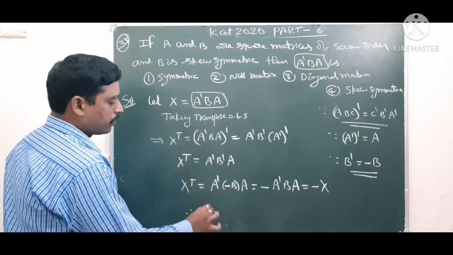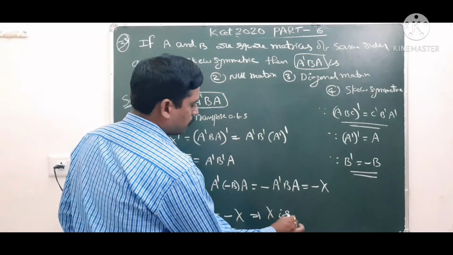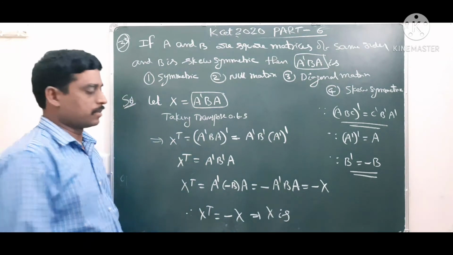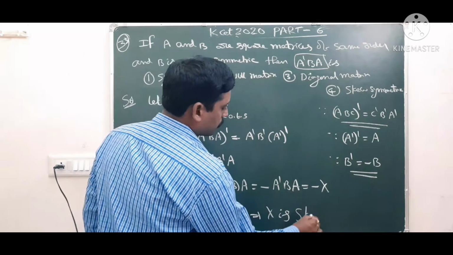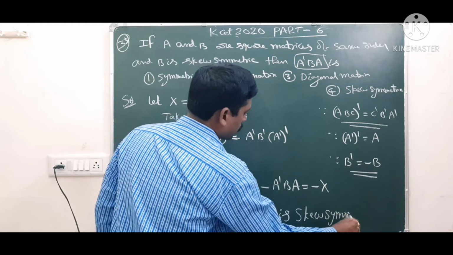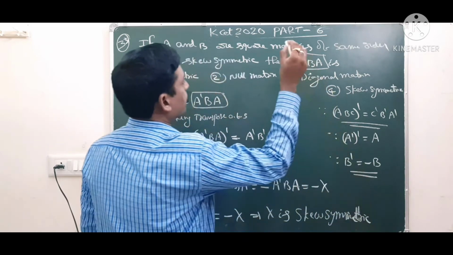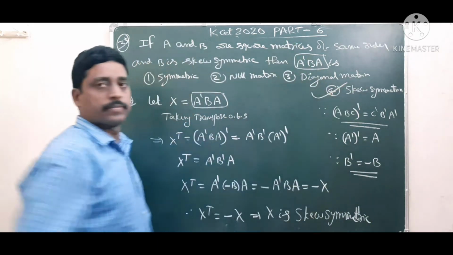Therefore x transpose is equal to minus x. This is the definition of a skew symmetric matrix. Therefore x is a skew symmetric matrix. So the fourth option is correct.